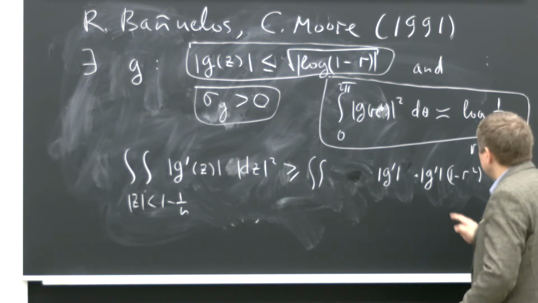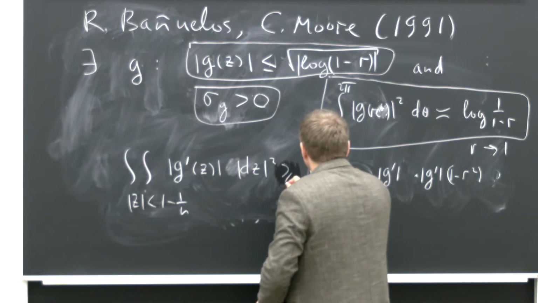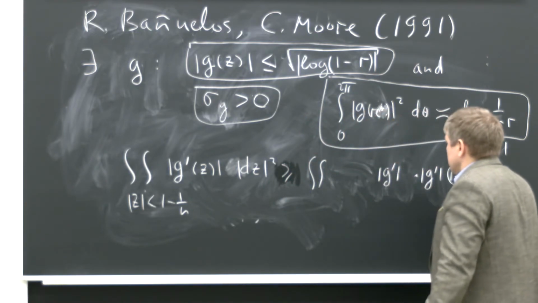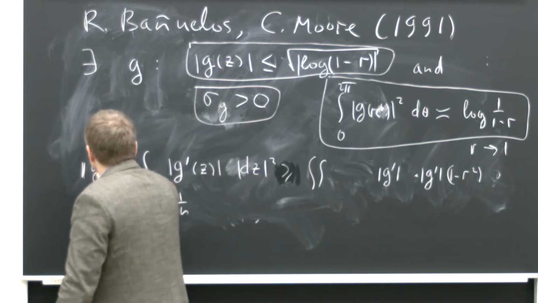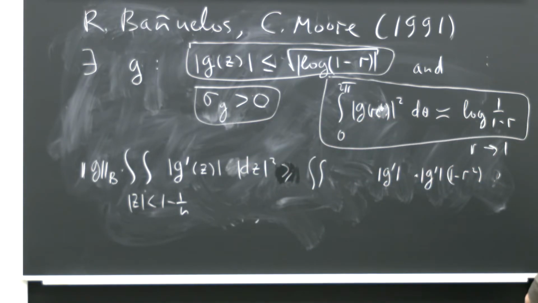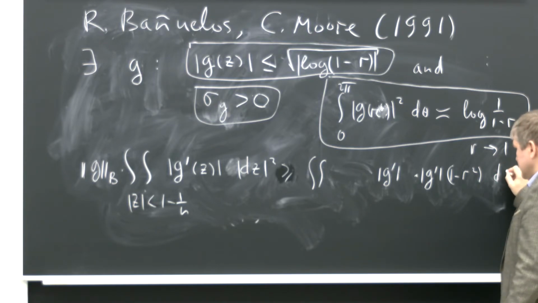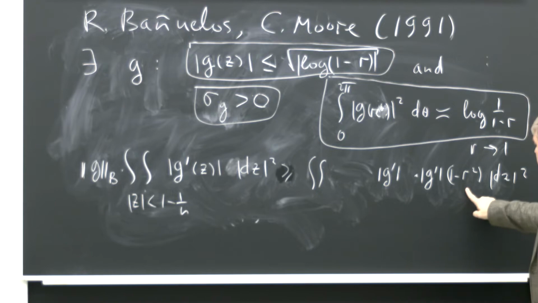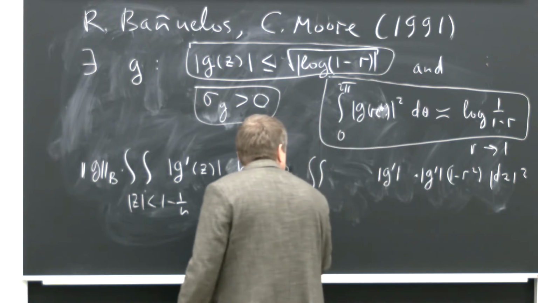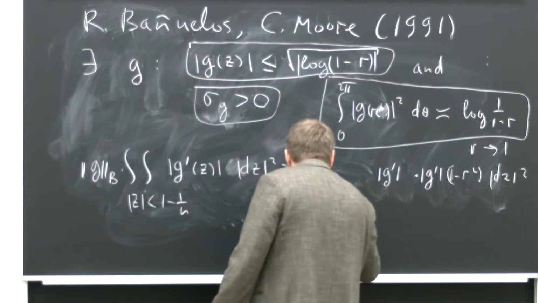Here is the Bloch norm. Okay, maybe here we have to write Bloch norm. This is the Bloch semi-norm of g. Okay, and this behaves like some g_k squared.